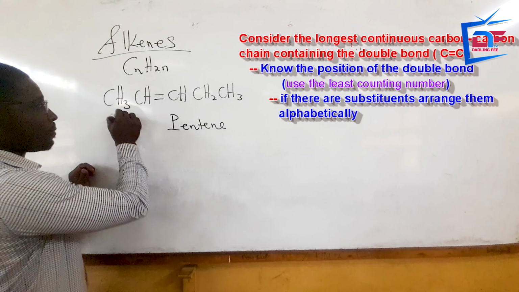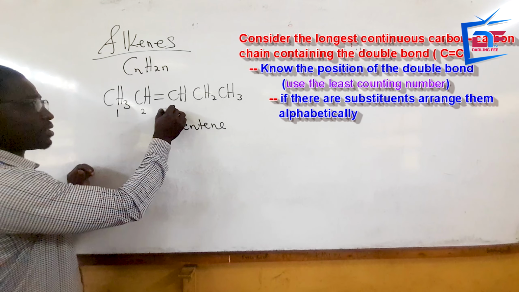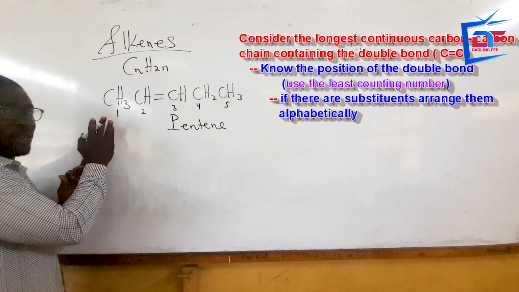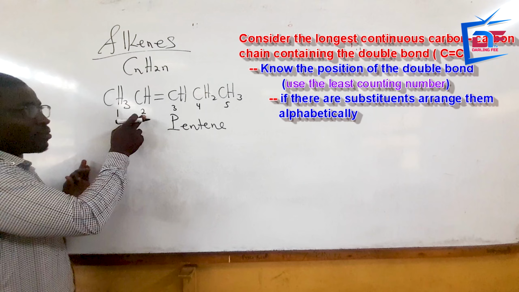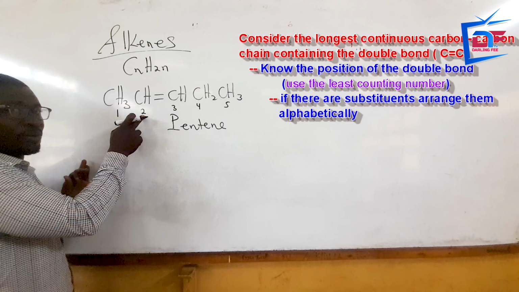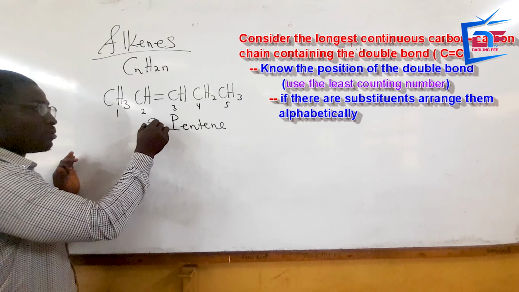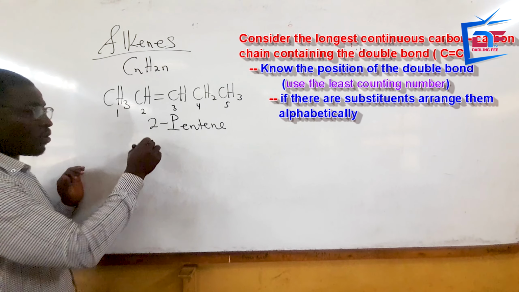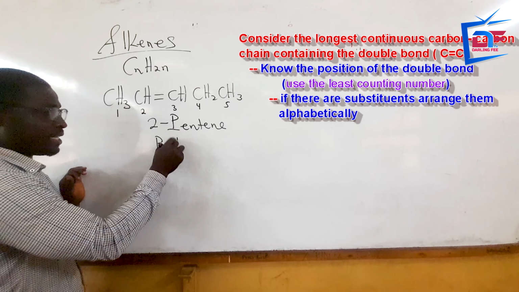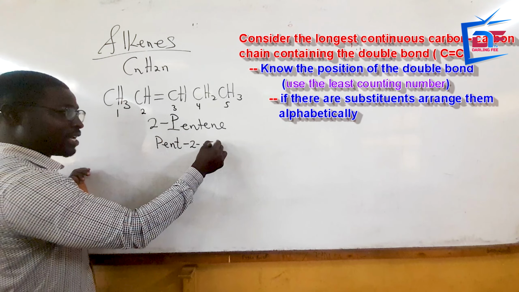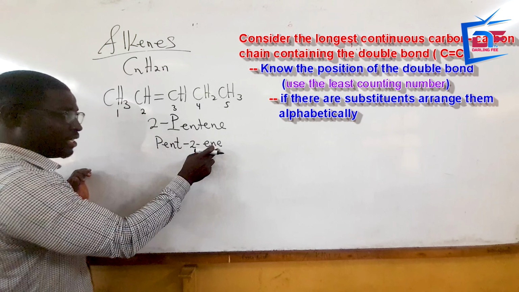How do we get this? So let's see. 1, 2, 3, 4, 5. Starting from the left, I met the double bond on the second carbon. So I can say that from left to right, the name is 2-pentene, or we can say pent, then we bring a hyphen, we bring the number, and we bring the "-ene": pent-2-ene.